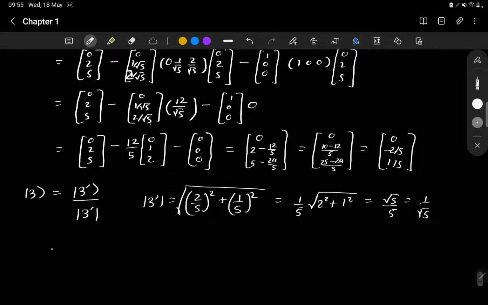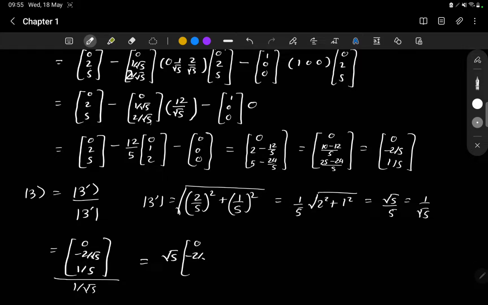So our third vector is obtained by dividing it by its length. The length is 1 by root 5. So this divided by 1 by root 5 gives us root 5 times this.